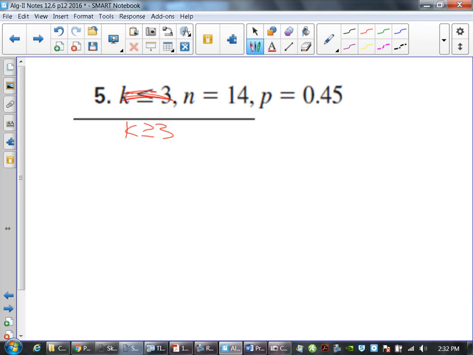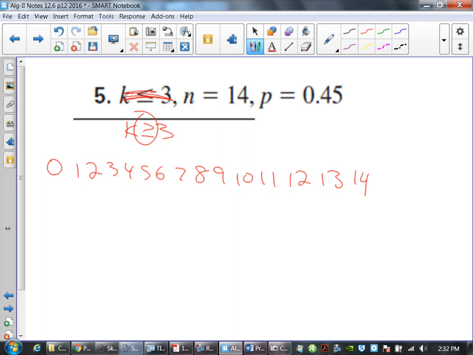So I get 3 successes out of this. Now remember, what the bino CDF does, and CDF is when you're looking at greater than or less than problems, is it's going to start at 0 and count up to that number.